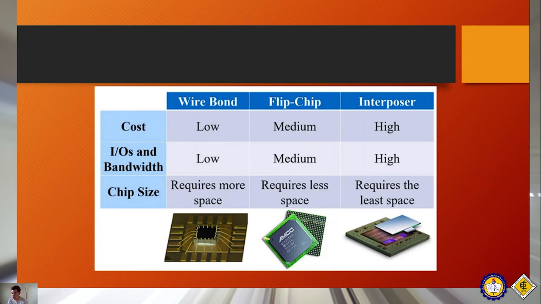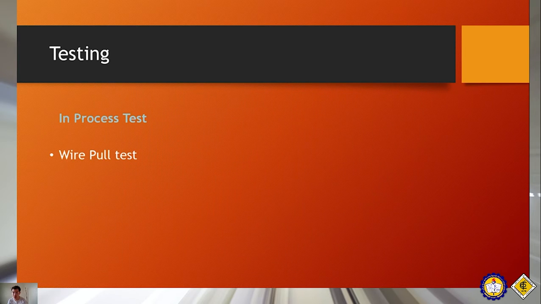So interposers have the best bandwidth, and the chip size. The wire bond is so big, and interposers have the least space, but a good transmitter and a good bandwidth.